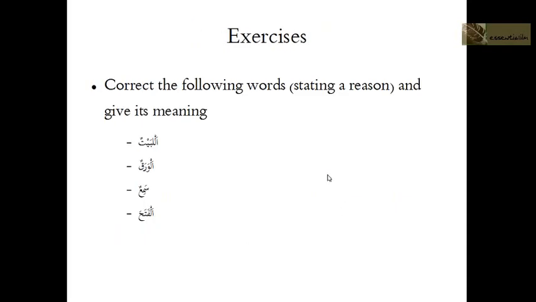Moving on to the exercises, correct the following words stating a reason and give its meaning. Now again, if you're following along on the videos with the book that we're basing this off of, then you'll notice that we're skipping some of the exercises because I feel that they're not that important, because it's just looking stuff up in the dictionary and figuring out the plural, and that really doesn't have to do anything with grammar, right?